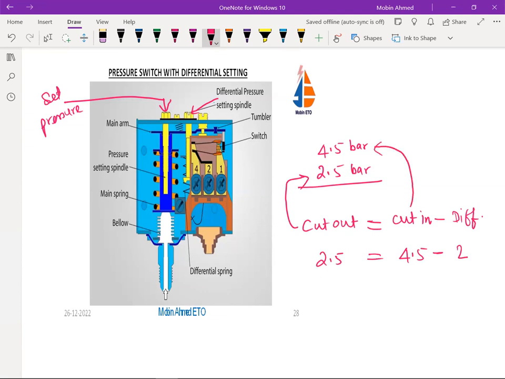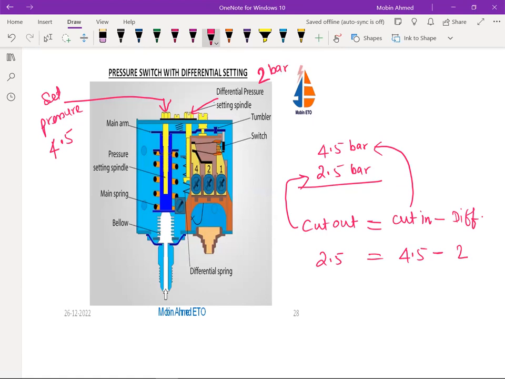That means we are going to have a set pressure here. This set pressure is going to be 4.5 bar, so we are going to set here 4.5 bar. What is the difference pressure we are going to set? That is the 2 bar.